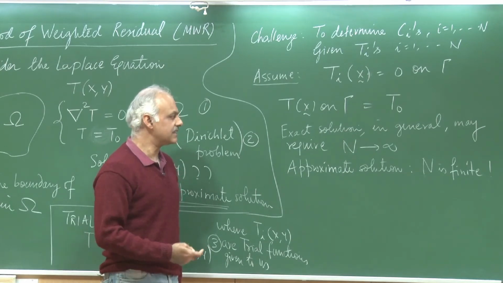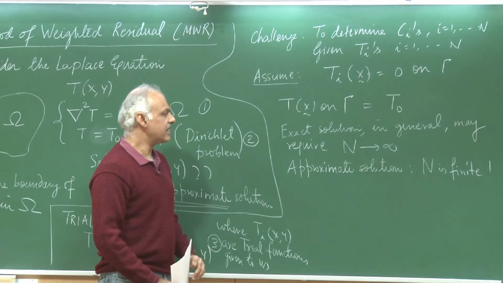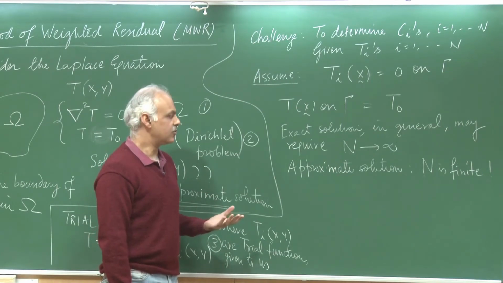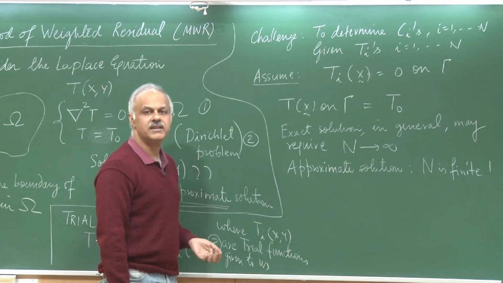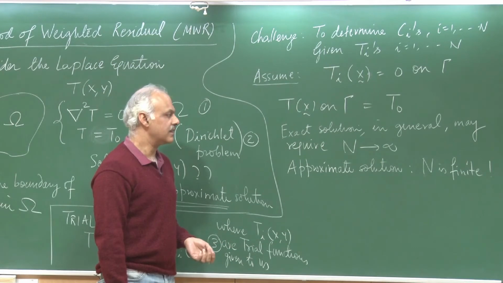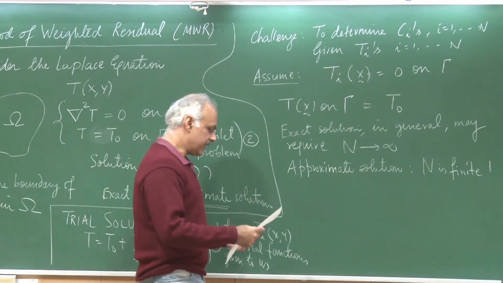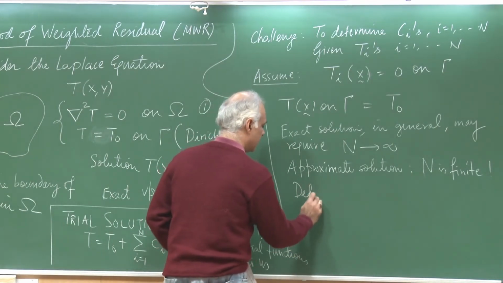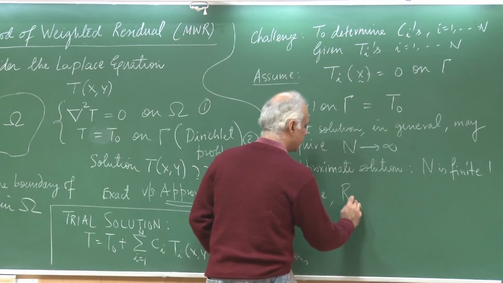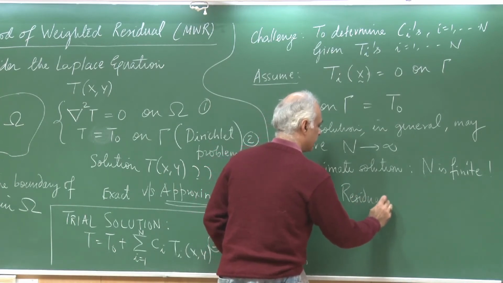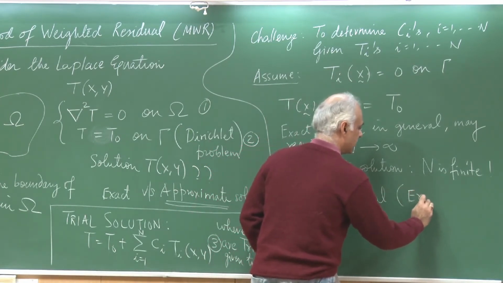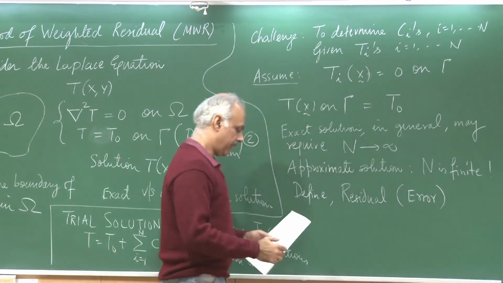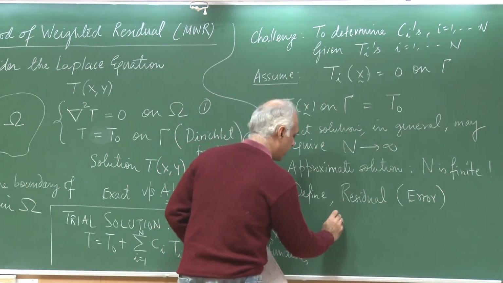Okay. So, the challenge is that on one hand I want to spend less. So, I want to have as quick a solution as possible with limited resources. On the other hand, I want my error to be small. So, this brings us to what is meant by error. So, we will define something called the residual, or this is also the error, and this is defined pointwise.